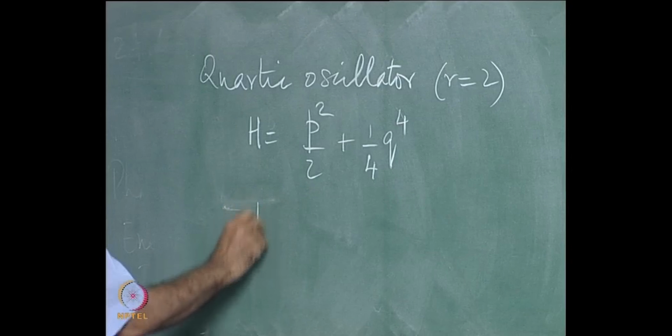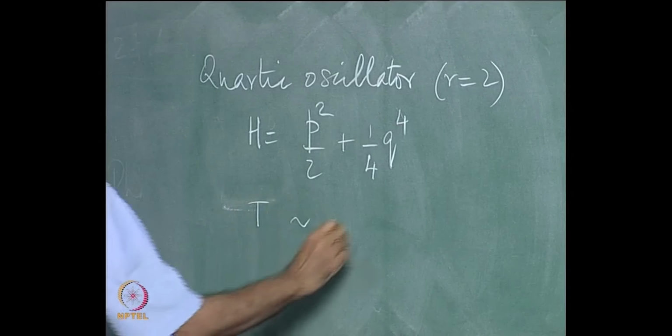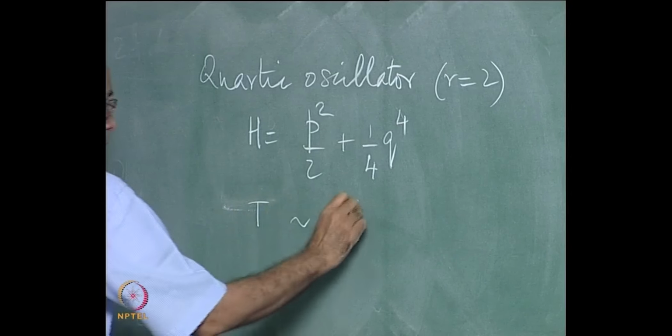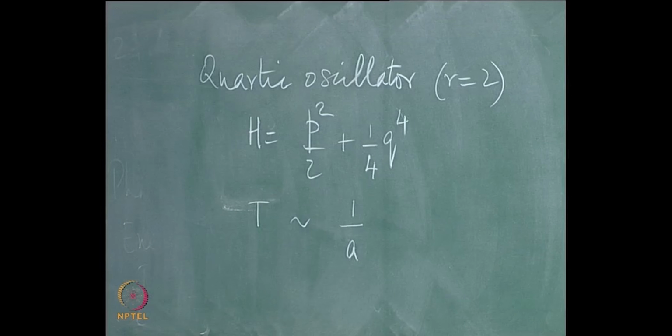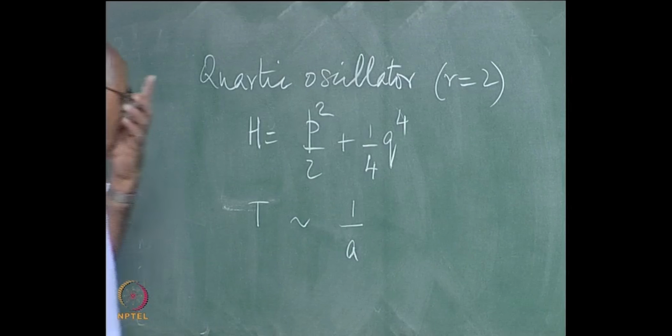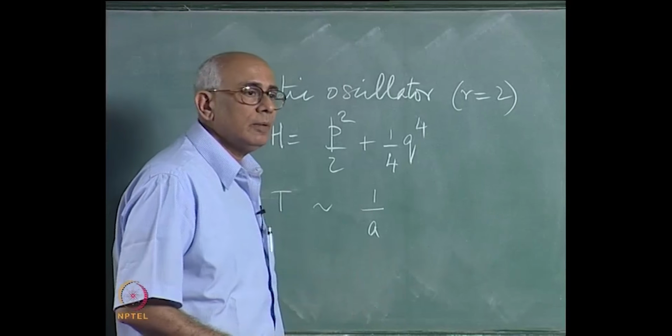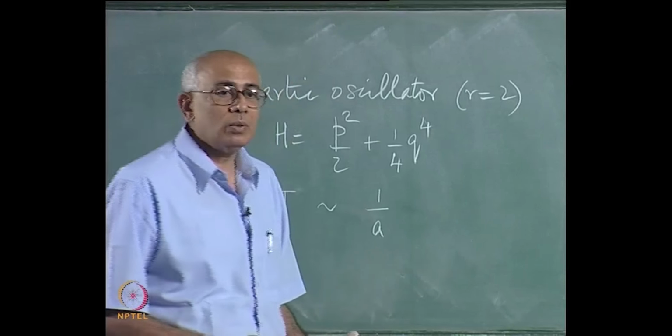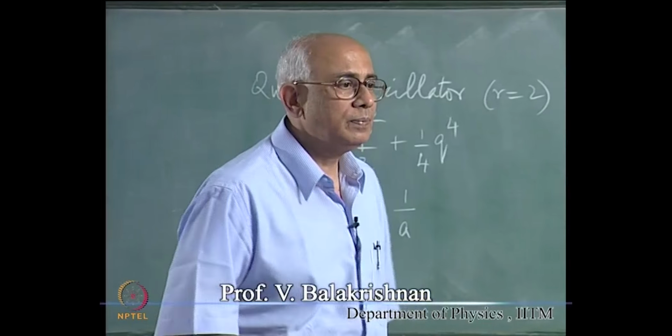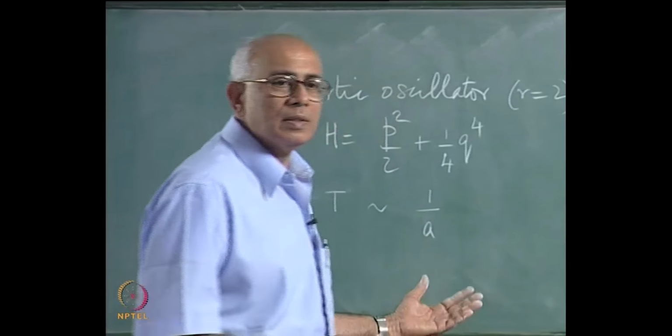The time period of oscillation in this oscillator is proportional to 1 over the amplitude. In other words, the smaller the amplitude, the longer the time period. It seems counterintuitive, but why is it happening? Why is the time period increasing as the amplitude decreases? And in fact, as the amplitude goes to 0, the time period is going to infinity. What is the reason this is happening?